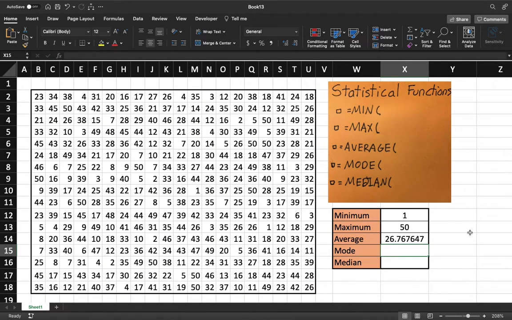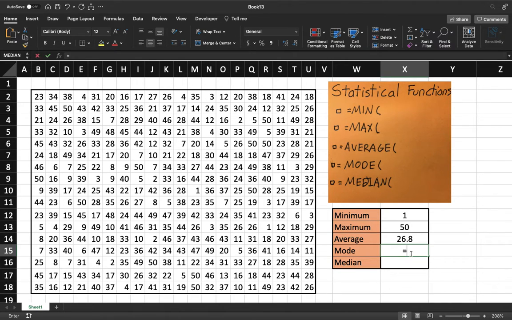Enter. So our average is 26.8-ish, and we can actually knock that down. If we go up here, we can determine how many decimals we want. We don't need to be super accurate. So that's kind of interesting to see. That shows that more numbers greater than 25 were randomly generated than less.